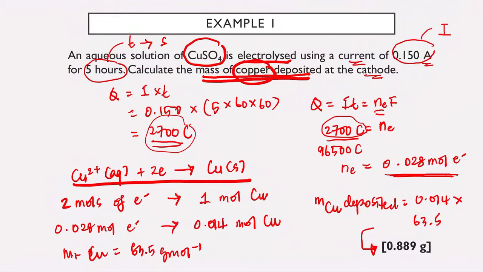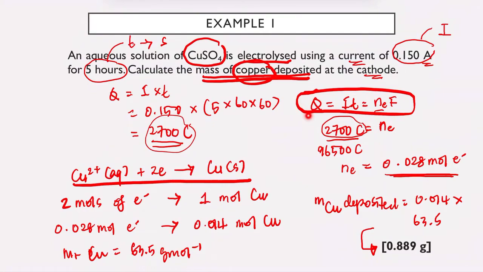So basically the key is for you to use this formula, where this is equal to the electric charge that is passed through. Follow which information you are given. If you want to find the mass of copper deposited, the mass of product that is produced, you need to find this part of your equation.